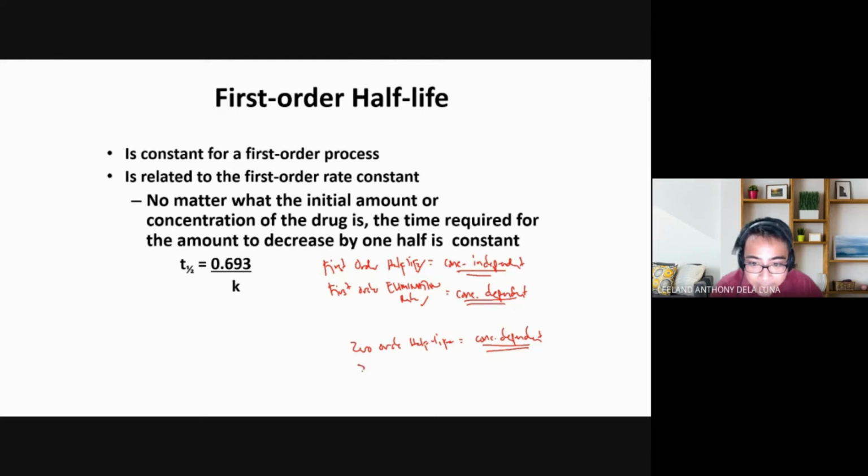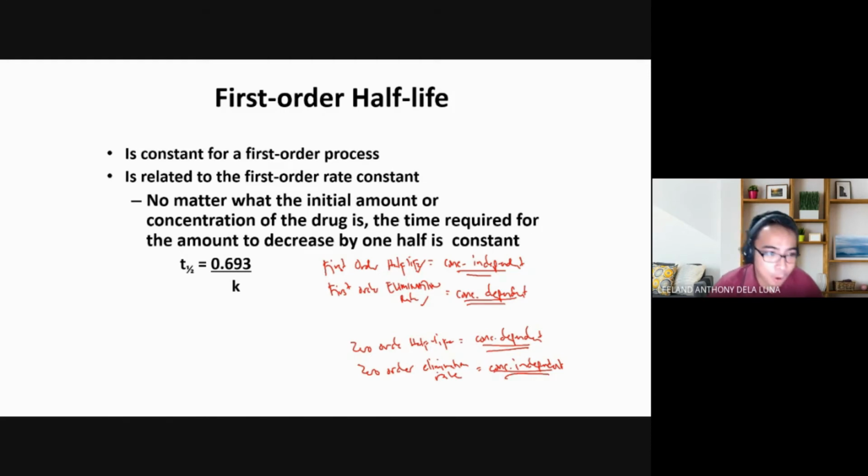While for the zero order elimination rate, it is concentration independent. Meaning, kasi ang assumption natin, pag zero order na yung elimination rate, ibig sabihin, na-reach mo na yung saturation point. So no matter how high the concentration of the drug is, the rate of elimination will remain the same. It will remain constant.